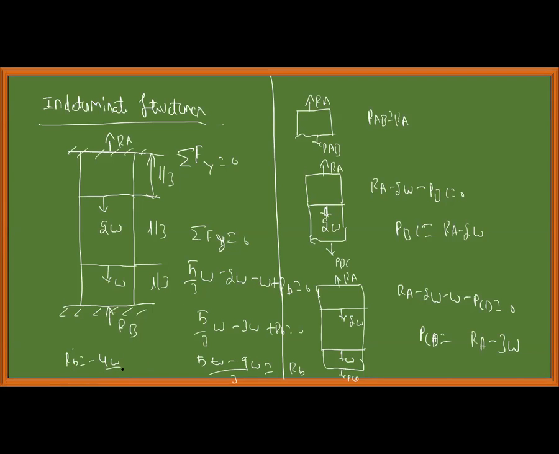It means RB is not acting upwards, RB is acting downwards with magnitude 4W by 3.